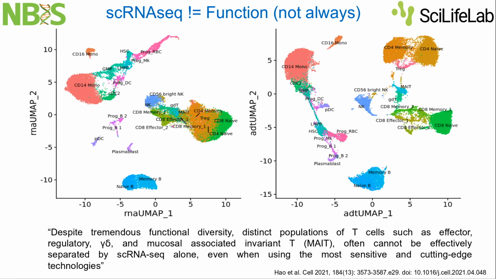Because RNA-seq is just one layer of information, but maybe if you add epigenetic information, it will change the clusters that we observe. So this cluster is based on RNA-seq alone, but what if we add proteomics or other types of information? Will the clusters change?